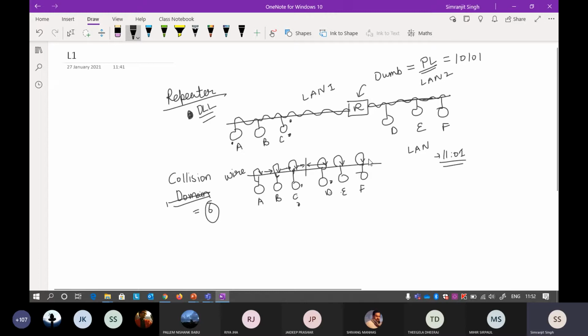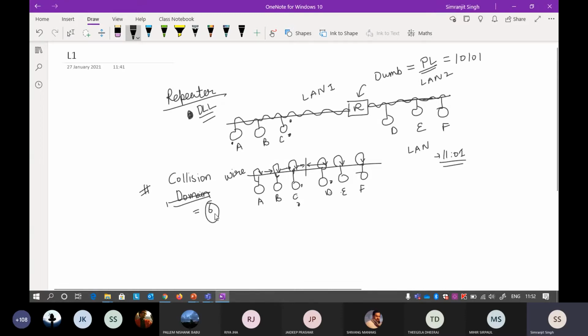So it can happen that these signals collide with each other. The collision domain means how many devices at a particular instance can participate in the collision.